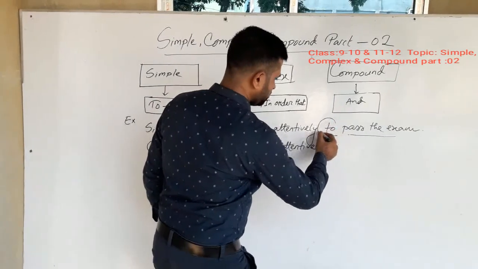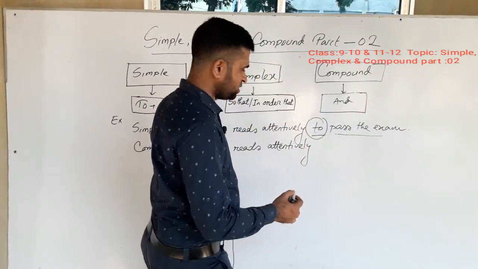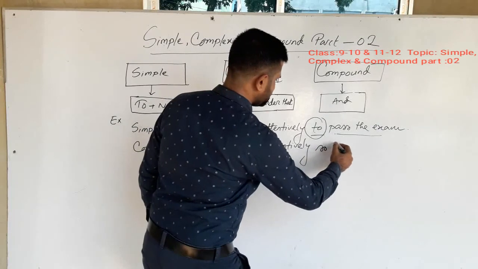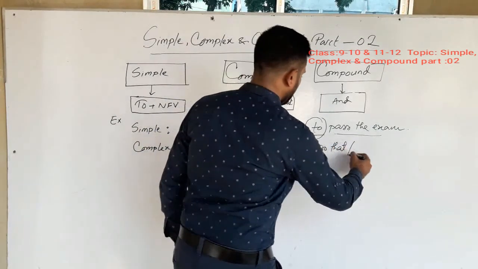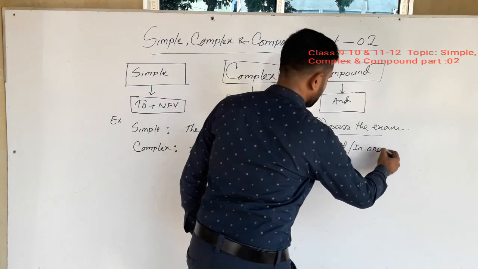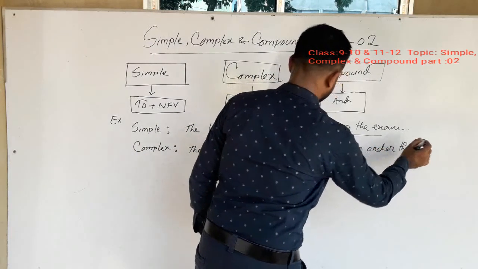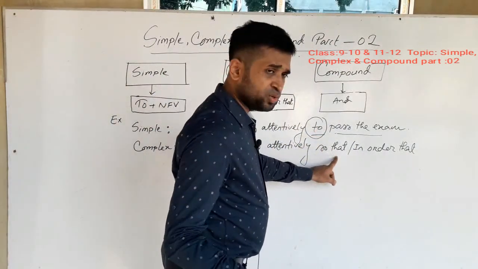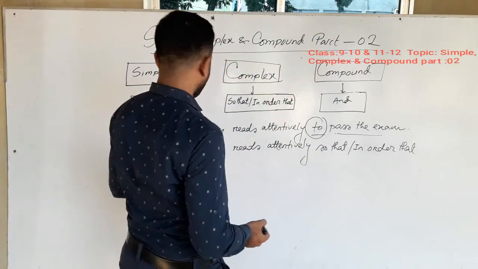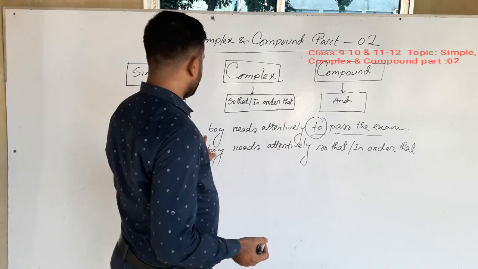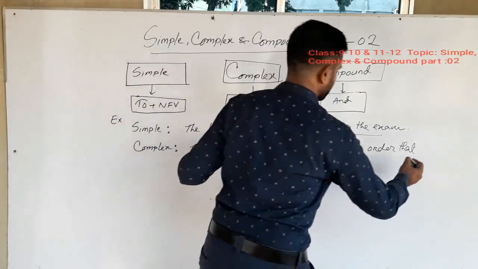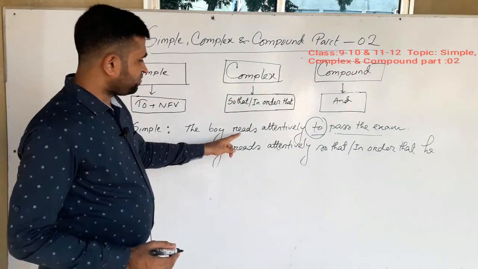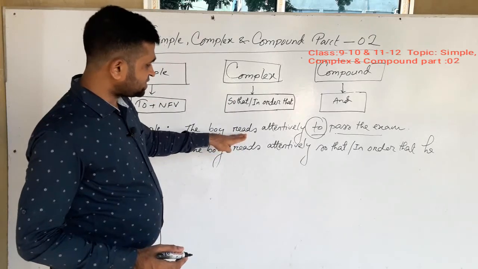Here we should be careful: instead of to we should use so that or in order that. Dear students, instead of to we can use so that or in order that, and you should use the first subject's pronoun, that means he. Also you should follow the principle of the sentence's verb.